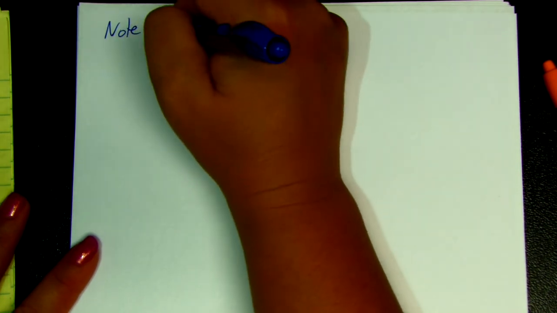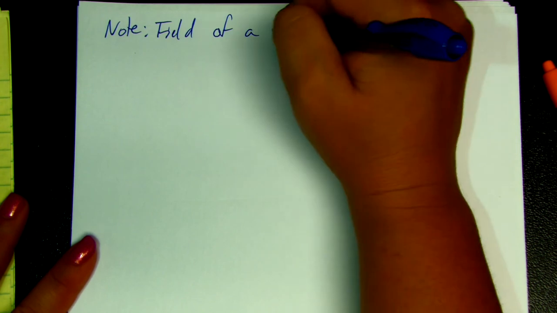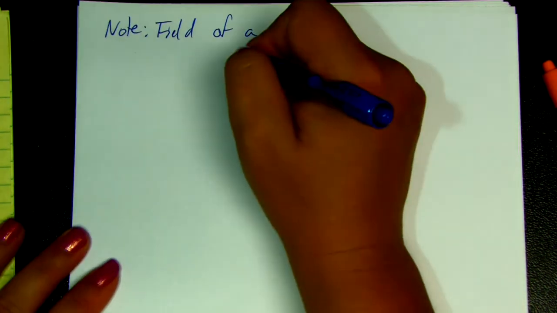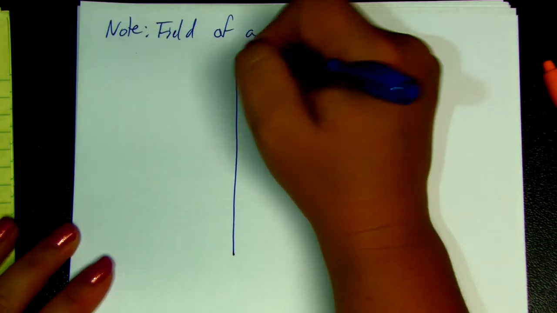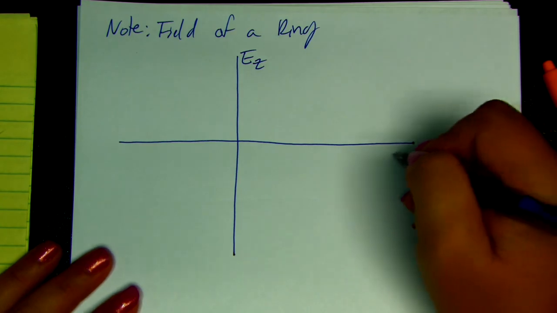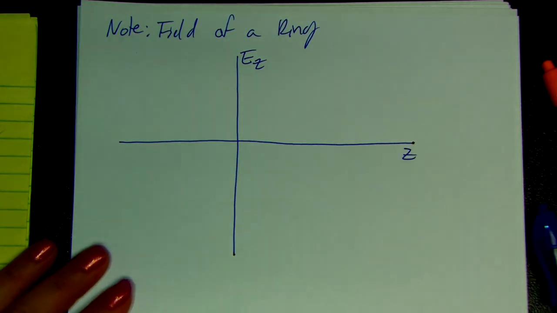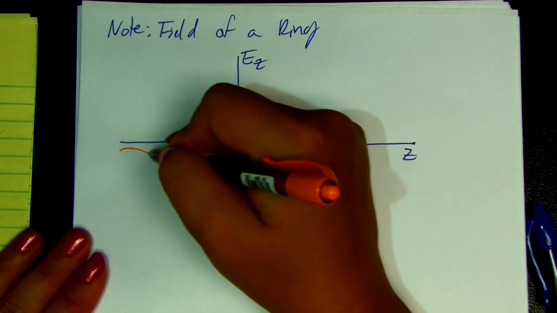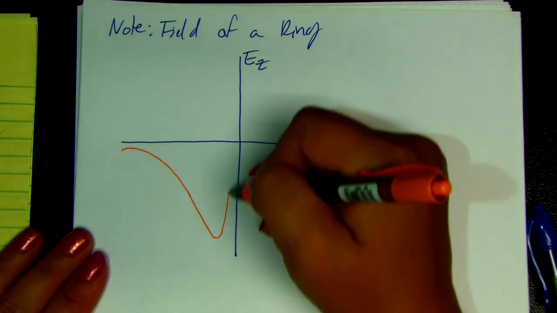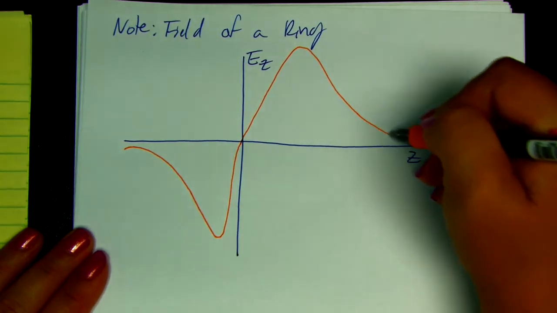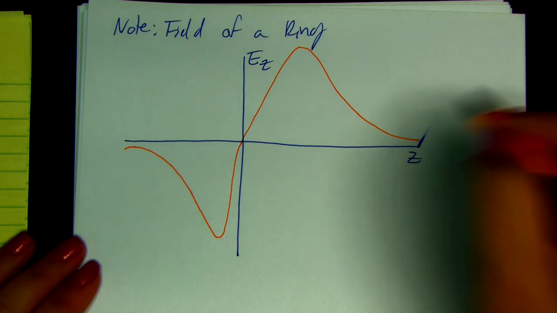And one thing to note about what the field of a ring looks like. If we plot on the y-axis E of z and z, what we would see is that it will drop off as you get far away, get bigger as you get closer, then go to 0 at the center, get bigger again, and then drop off.